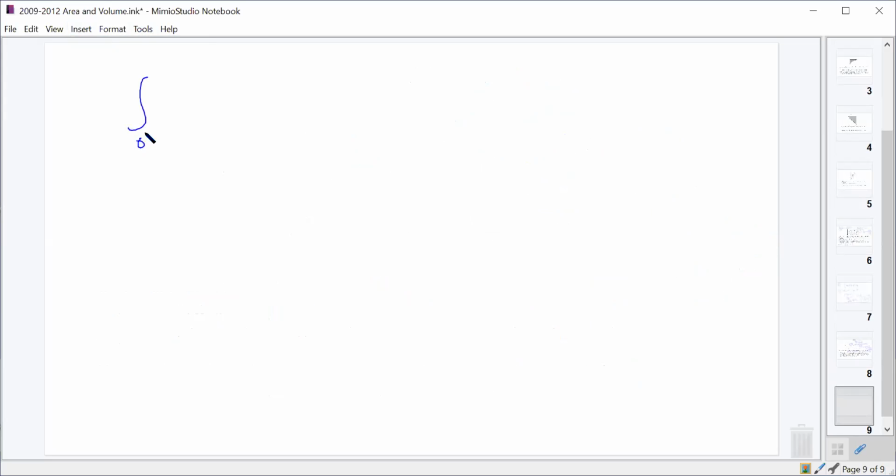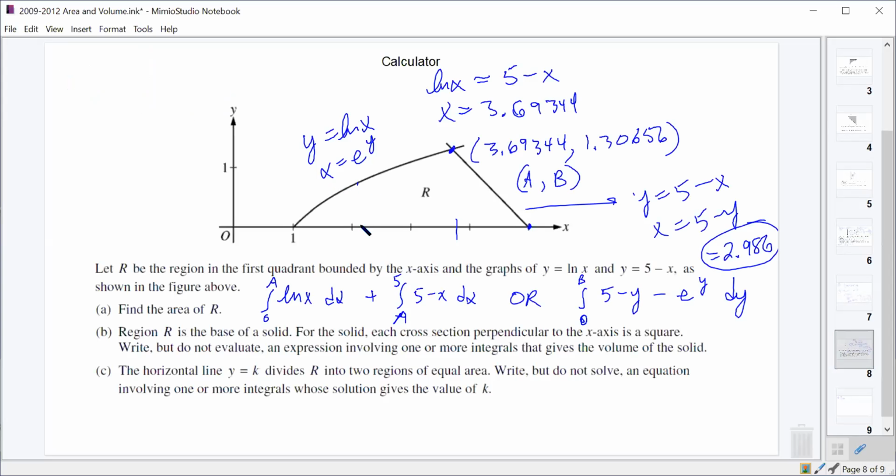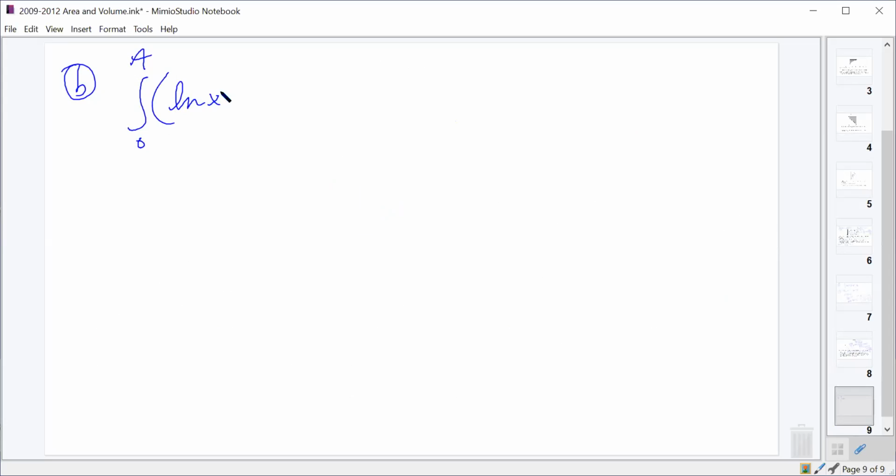We're going to have to separate it at A, and the side length of one of the squares is just natural log of x, and so the area of that should just be natural log of x squared dx. And the other one should be an integral from A to 5 of 5 minus x squared dx.